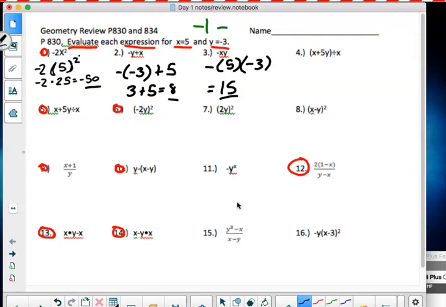Now as we go on, I hope you're starting to notice they're getting a little bit more involved, and they're getting tougher to do. So again, still x is 5, plus 5, y is -3, and I'm going to divide by 5. Now, I've got to do this stuff inside this parenthesis first, and of that stuff, I've got to do this multiplication before I do anything else, because multiply and divide have to happen first.